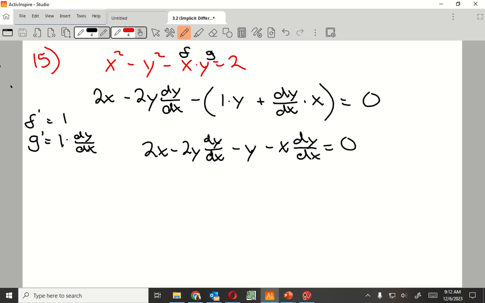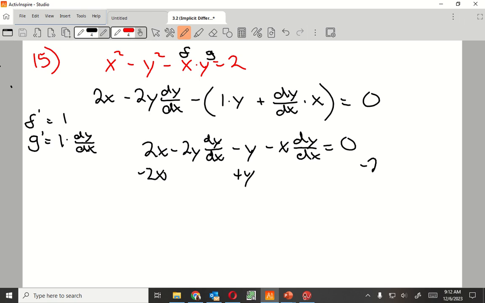Now, my whole goal is to get my dy dx by itself. So let's get rid of the other things that are not dy dx. So the things that are not dy dx's are my 2x and my negative y. So I'm going to subtract 2x, and I'm going to add y.